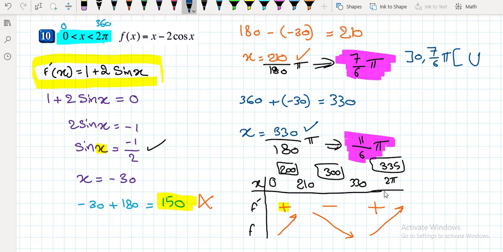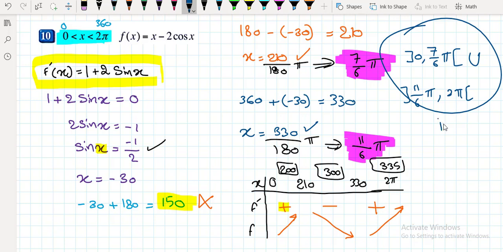Union with another piece of increasing, which is from 330, that is 11/6 pi, all the way to 2 pi. These two pieces together are increasing. Decreasing is between these two, 7/6 pi all the way to 11/6 pi. This is the interval of decreasing.